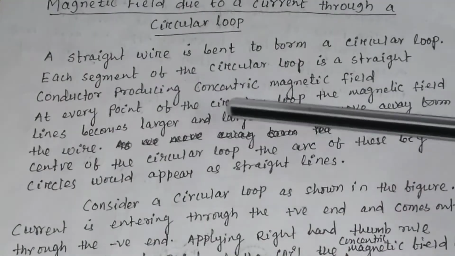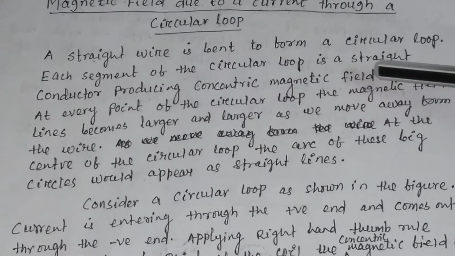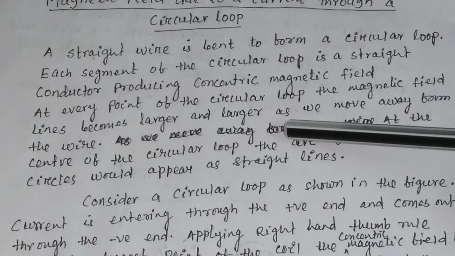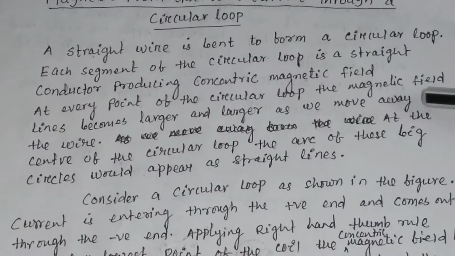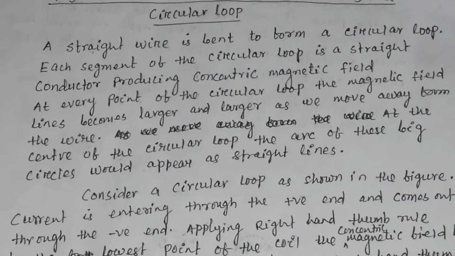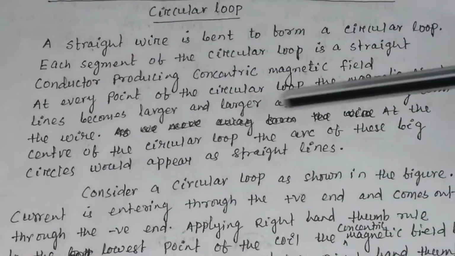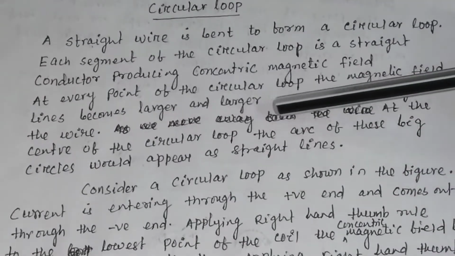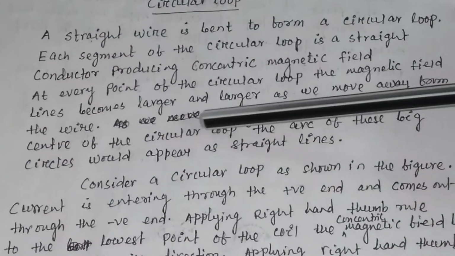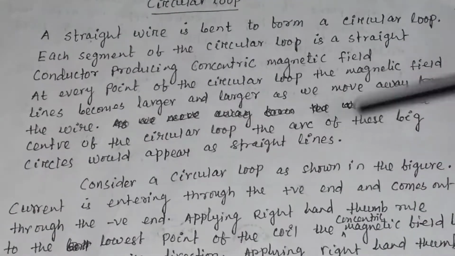At every point of the circular loop, the magnetic field lines become larger and larger as we move away from the wire. At the center of the circular loop, the arc of these big circles would appear as straight lines.